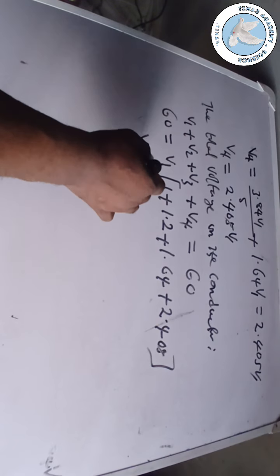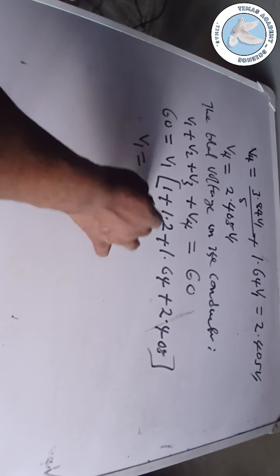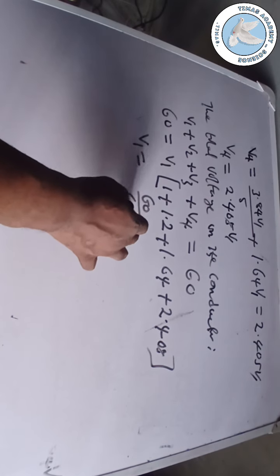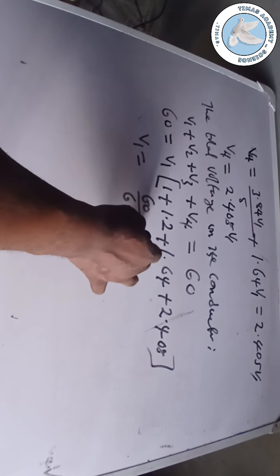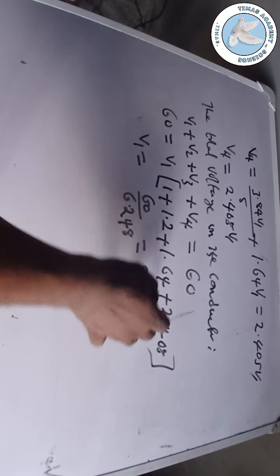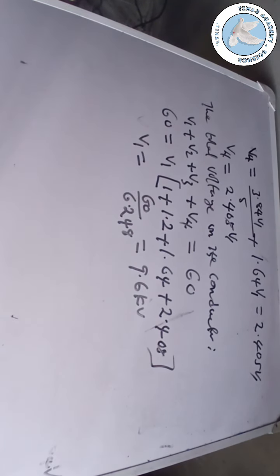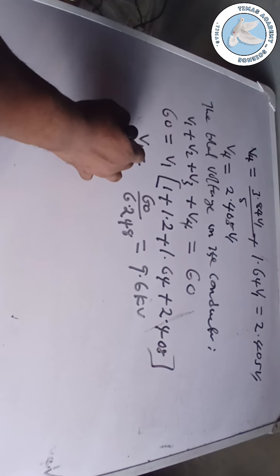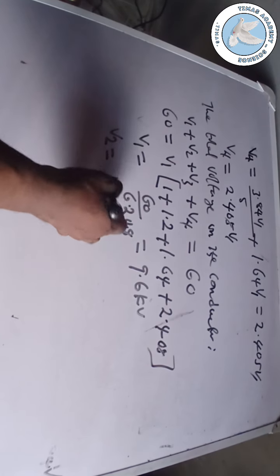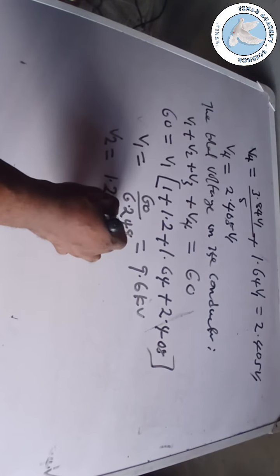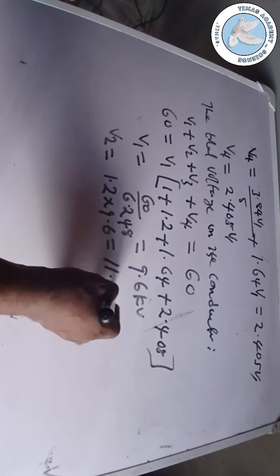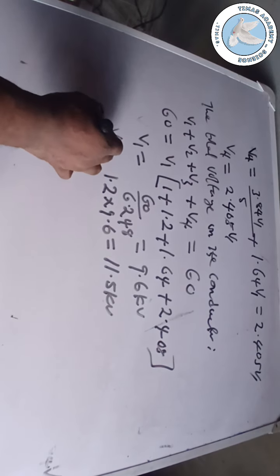So having done this, finally your V1 is equal to 60 divided by 6.248, and this gives you 9.6 kilovolt. At this point, V2 is going to be 1.2 times 9.6, which is about 11.5 kilovolt.